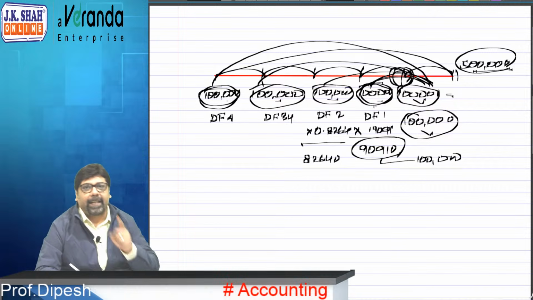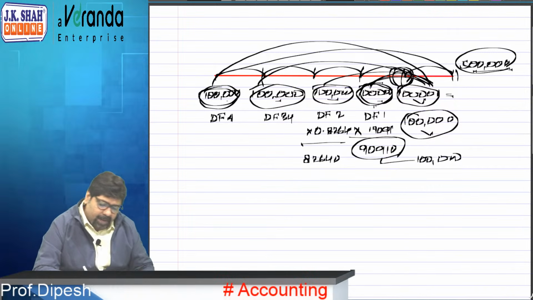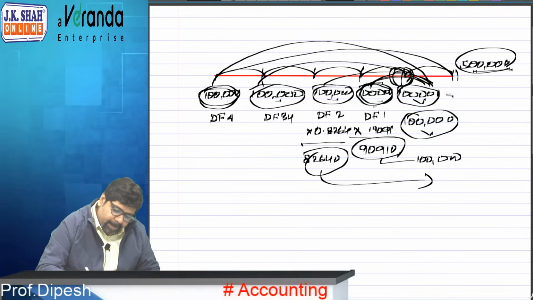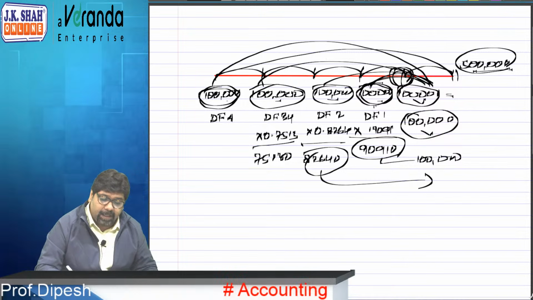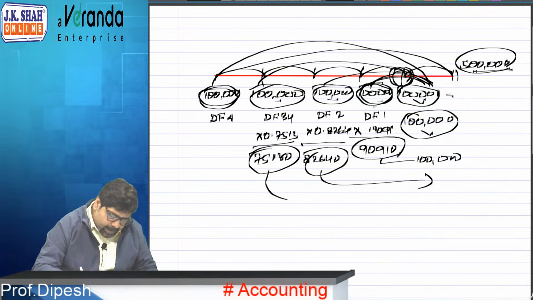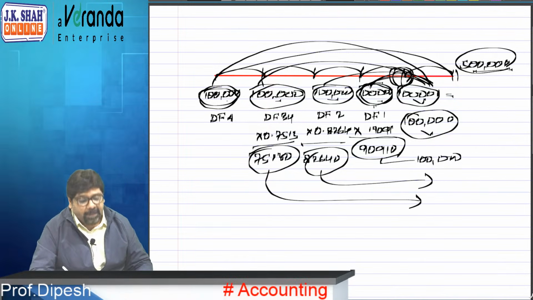If I save 82,640 in the third year, after 2 years it will become 1 lakh. Correct? Into 0.7513, if I save 75,130 in the second year, it will become 1 lakh in the fifth year.